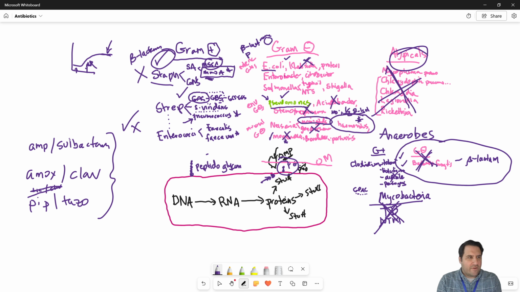But here's where this sort of ordering matters. When we get to our gram negatives, sulbactam is sort of our weakest. Clavulanate's better. Tazobactam's even better. So the gram negatives tend to supercharge their beta-lactamases. That's their mechanism of overcoming resistance.